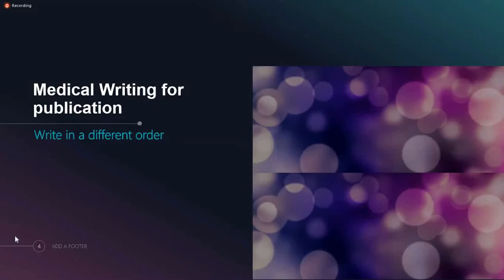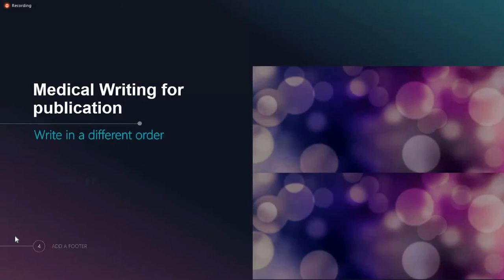So there are various stages when you write, and various platforms for which you write. If you are writing for publication, that means you have an approved research project, you have collected data and analyzed it, and you know the results, and now you want to write a paper, an article, a manuscript for some good journal. So what will be the order of your writing?